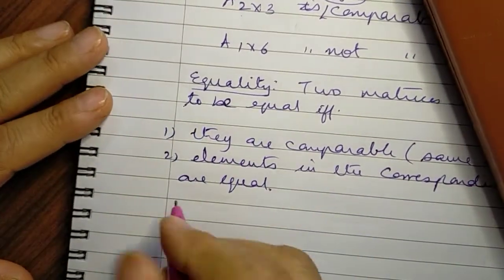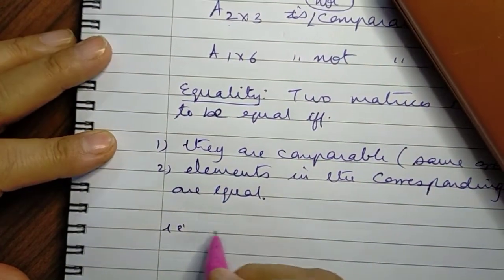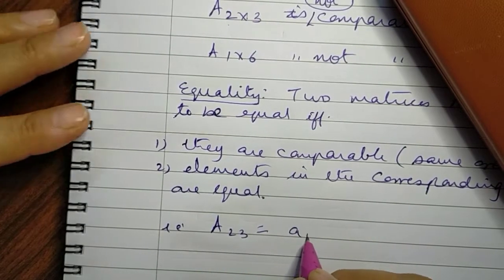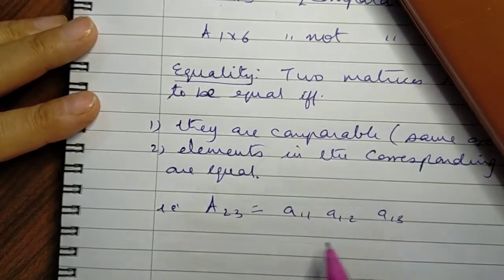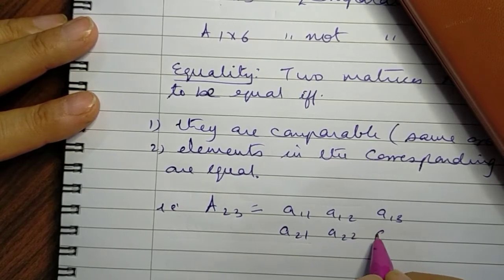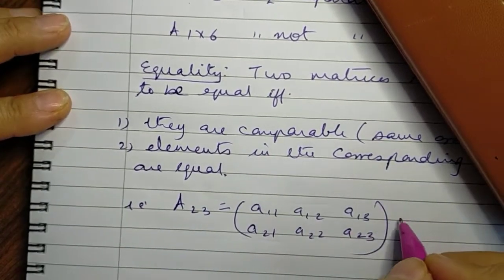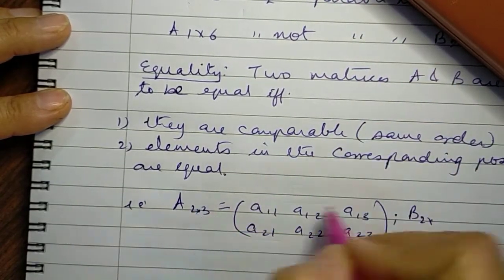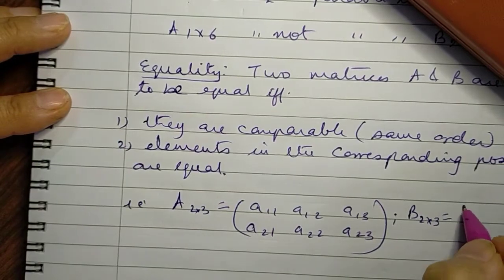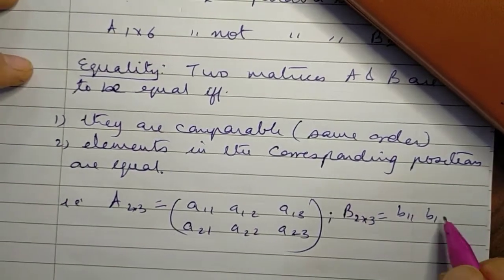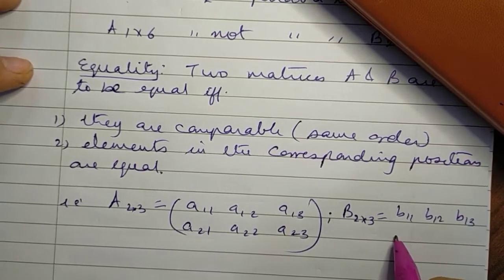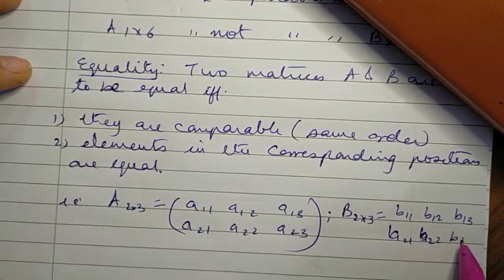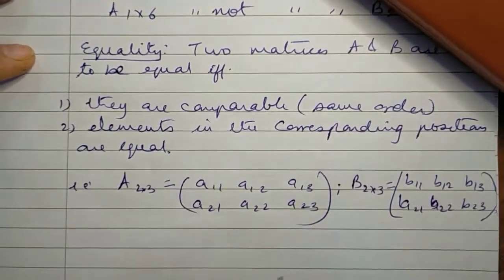Suppose we are comparing two matrices: A of order 2 by 3, which is A11, A12, A13, A21, A22, A23, is comparable to B of order 2 cross 3, which is B11, B12, B13, B21, B22, B23. And they are equal.